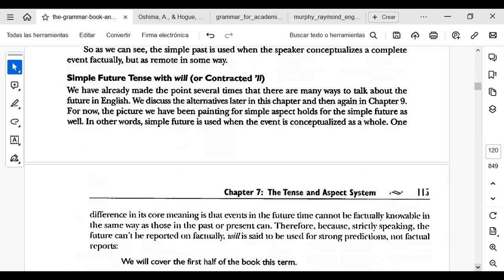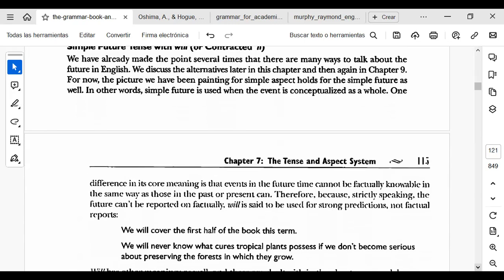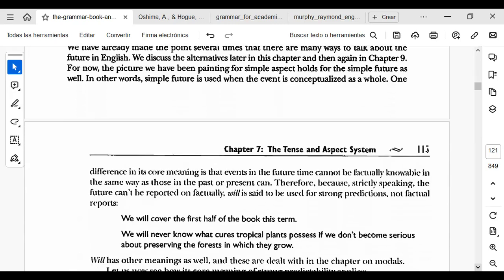Talk about simple future tense with will. In this case, using will, okay? Strictly speaking, the future can be reported on factually, but will is said to be used for strong predictions, not factual reports. Because sometimes we can use, as we've seen, the simple present or the continuous also to talk about the future.